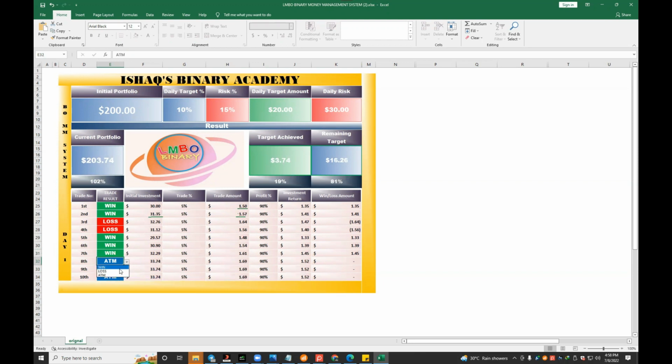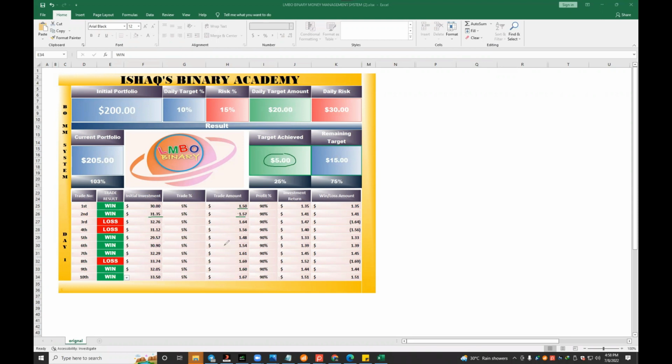But for example, if you lose this trade and then again start winning two trades, your target achieved will be $5. It means after placing 10 trades, you lost 3 trades and won 7 trades, and the target achieved was just 25%. So this money management is a low risk and low profit type of system.